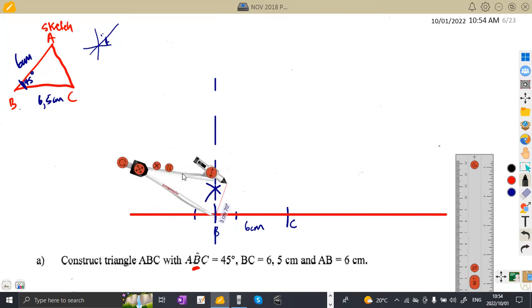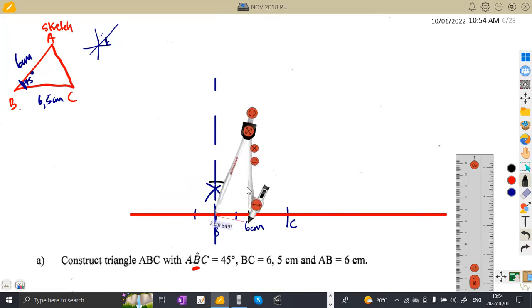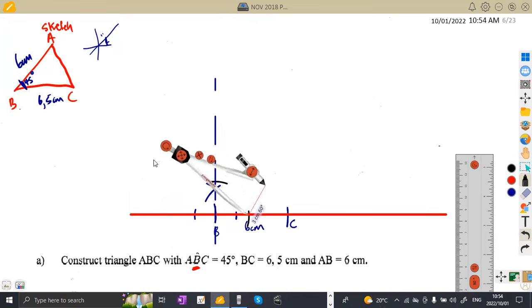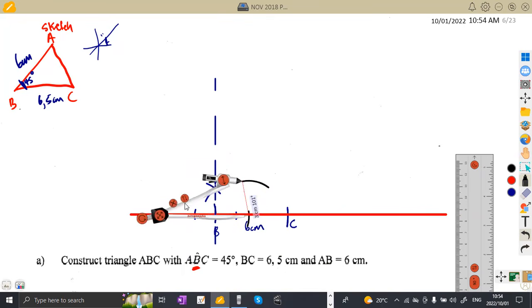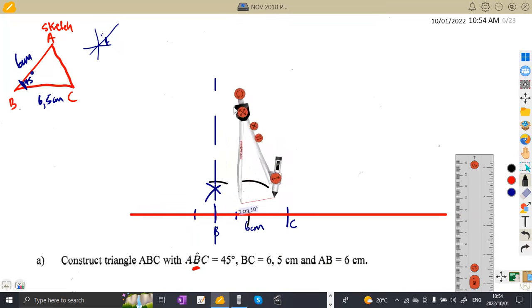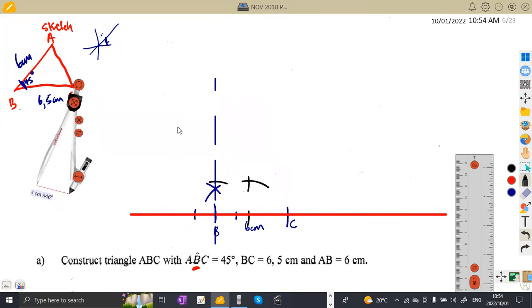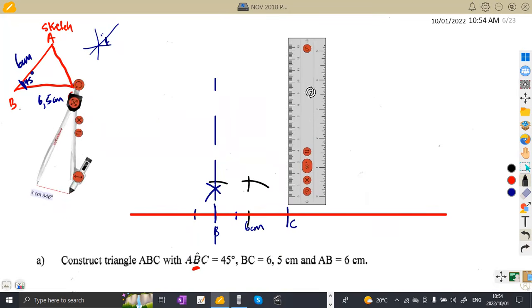From the center B, I have to mark an arc on this side and another arc on this side. Okay, so from these 2 arcs, without changing the distance, mark an arc inside the region where you want to bisect the angle that is somewhere here. And also from this one, without changing the length, mark an arc on this side also. Okay, something like this. So that's our 45 degrees.